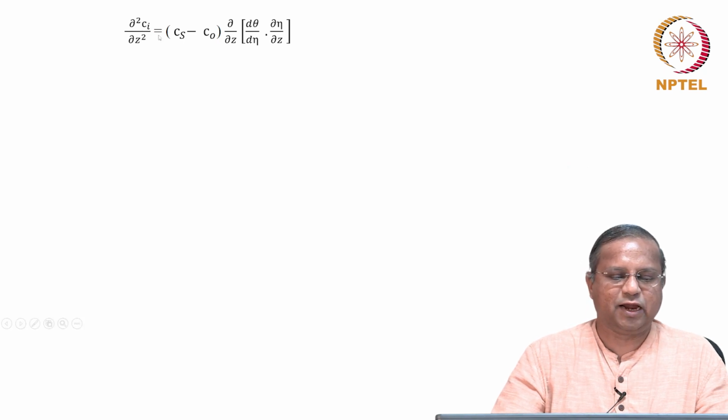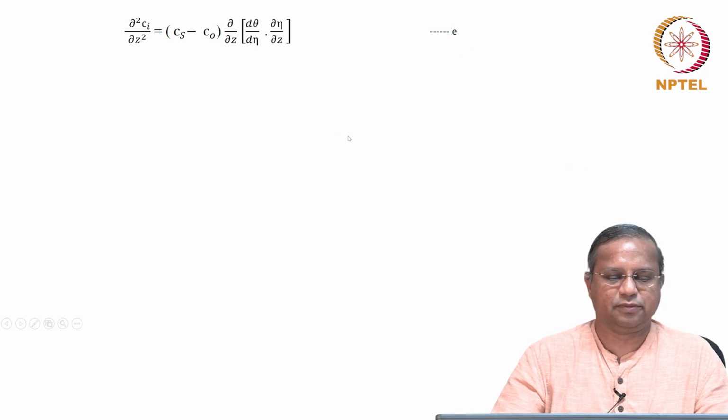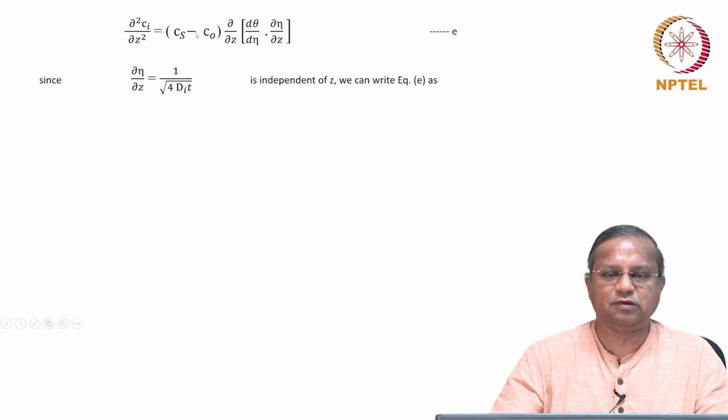So, the first derivative was that, and the second derivative dou squared by dou z squared was Cs minus C naught dou by dou z of d theta by d eta times d eta by dz is what we get. Let us call this equation E. Since dou eta by dou z is 1 by square root of 4 Dit, and this is independent of z, therefore, this is not going to vary with z, we can take that out as a constant.